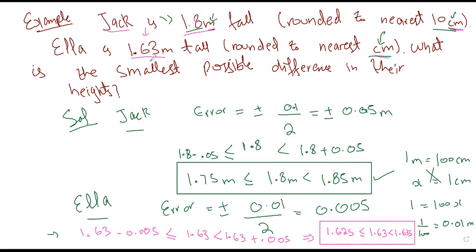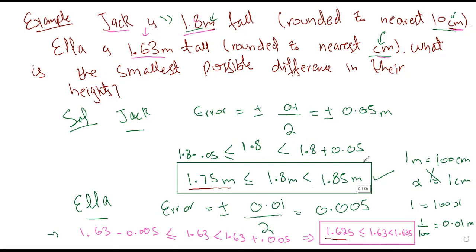Now we have to see. The question was, what is the smallest possible difference in their heights? Now, you said that we'll take their lower limits. But let's say if we take their lower limits, this is 1.75 meters. This is 1.625.